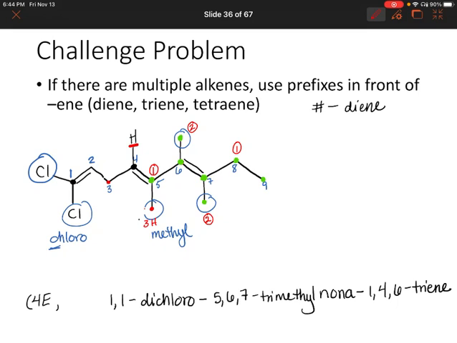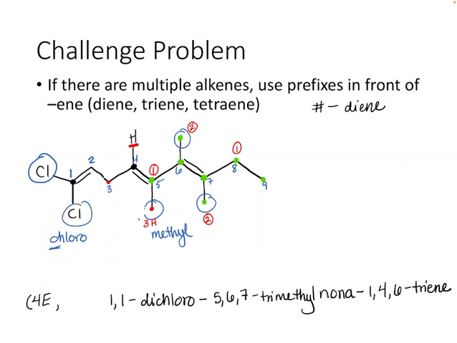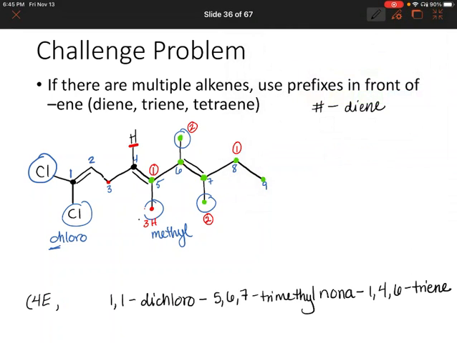However, we can also say that it's E. And that might be easier for what we're doing down below in our naming scheme. So we could call that 6E. And that's a little more consistent with how we're trying to name this molecule.